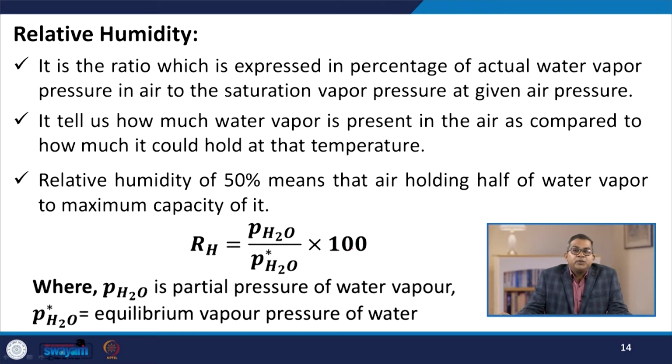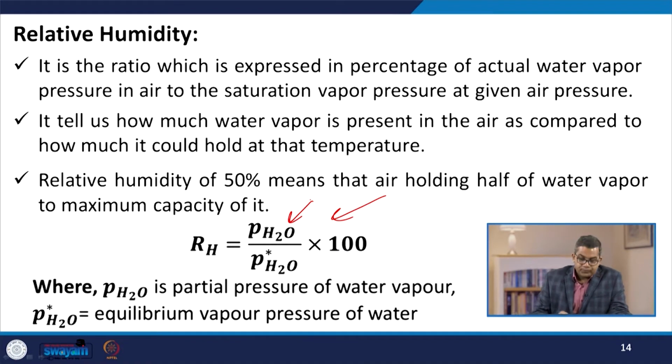So this is very useful information pertaining to drying. A relative humidity of, say, 50% means that the air holds half of the water vapor of its maximum capacity. That means there is enough opportunity for the given sample of air to take in water.